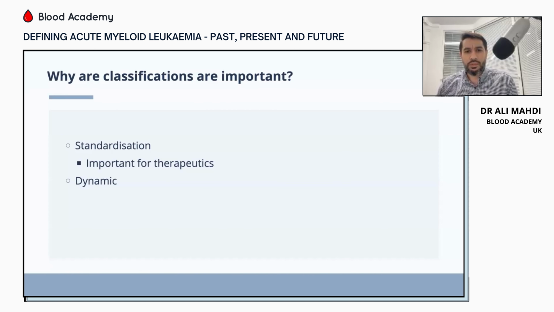Classifications are also important in that they should be dynamic. So with time, more and more information is gained through research, and incorporating that information is really important to help in terms of the diagnostic process, but more importantly, to provide the right treatment for the patient.